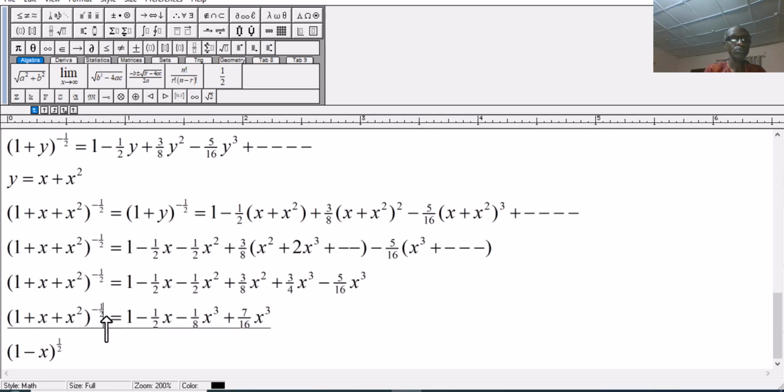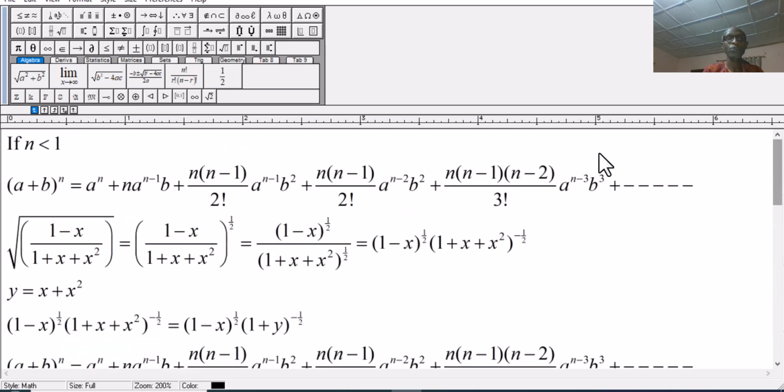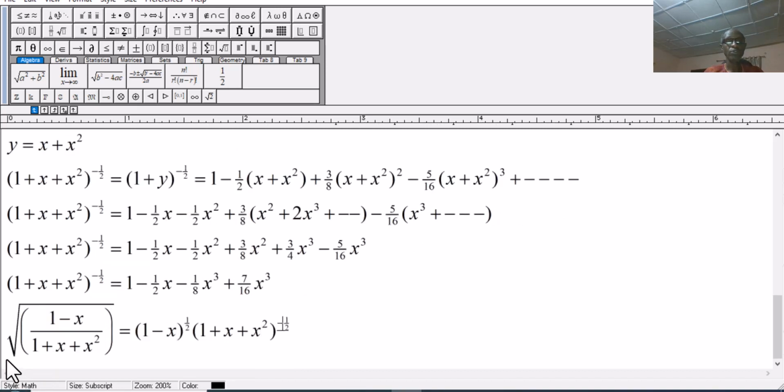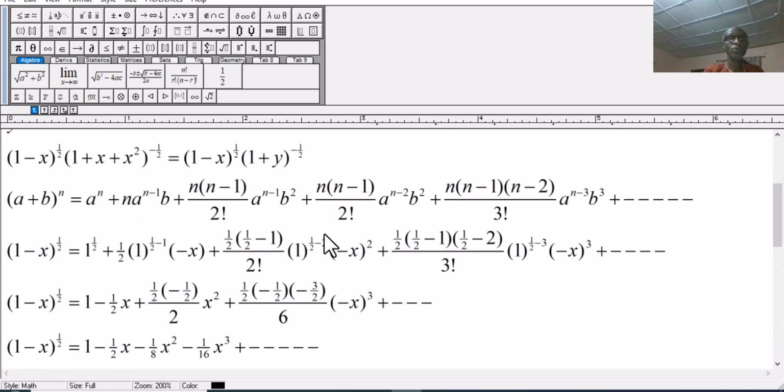So now we can merge the two together. Don't forget the original question. Okay, let me copy this so that you see what is happening. So 1 minus x raised to the power of half gives us this.